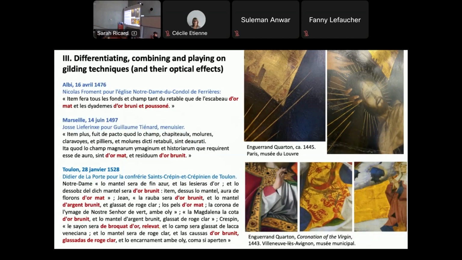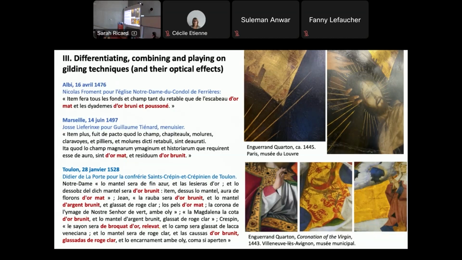And so this kind of documentation tells us also that painters had a clear appreciation of the optical effects of these techniques, and that these techniques were also combined in order to enhance the visual dimensions of the painting.